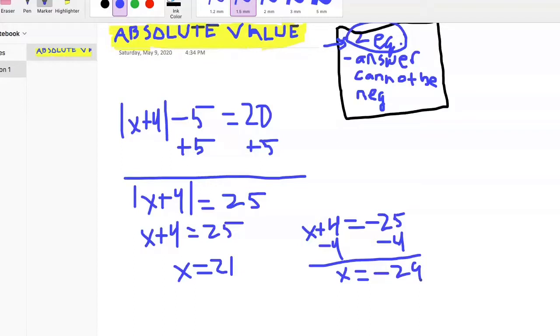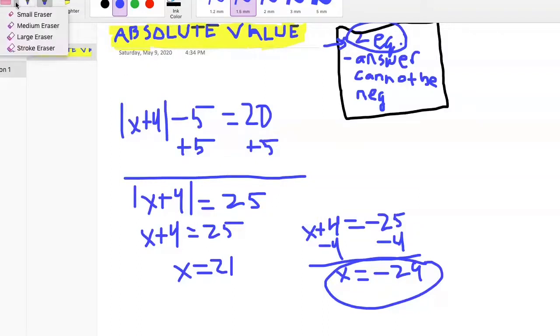Right? Again, not negative 21, which is the answer that some people come up with. And most likely that will be an answer choice. Right? Is it 21 and negative 21 or 21 and negative 29? So 1 less than negative 25 is negative 26, 2 less negative 27, all the way to negative 29.